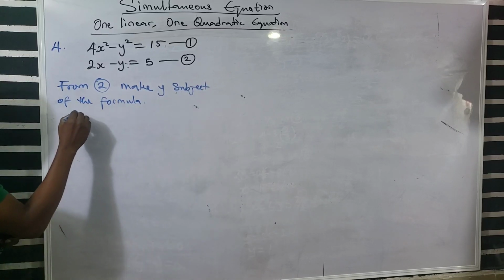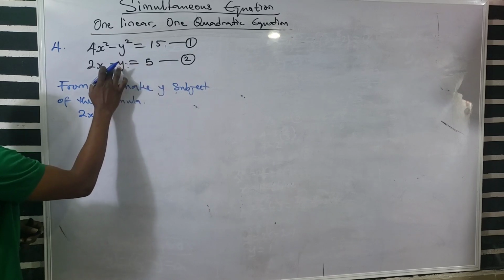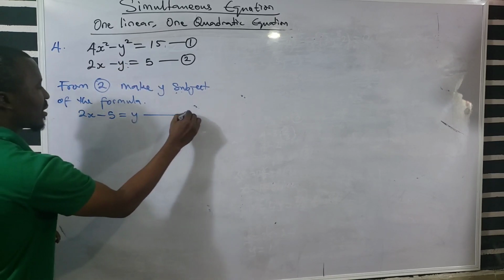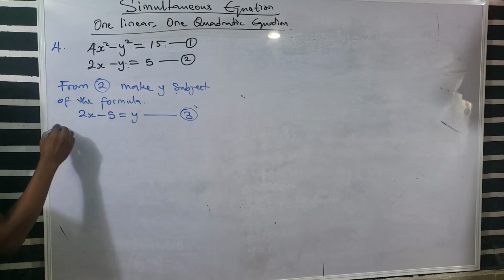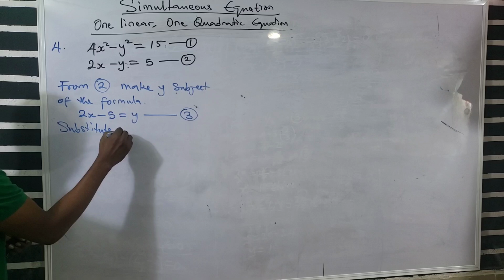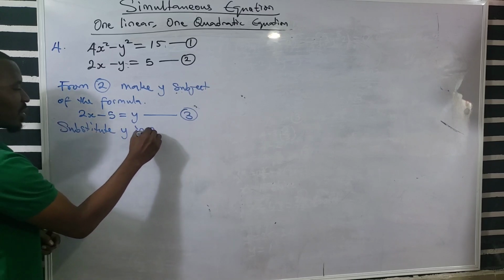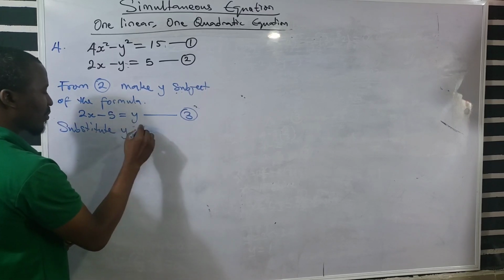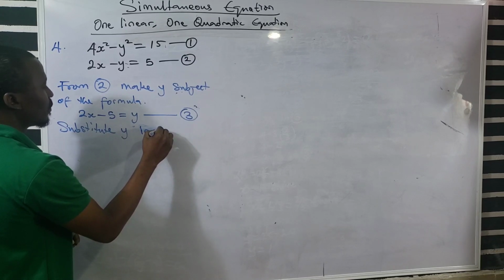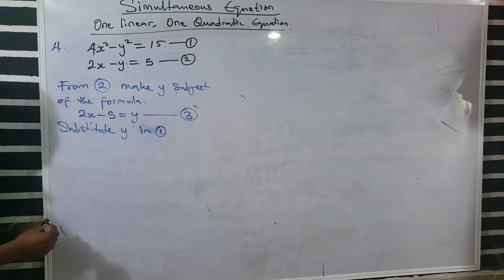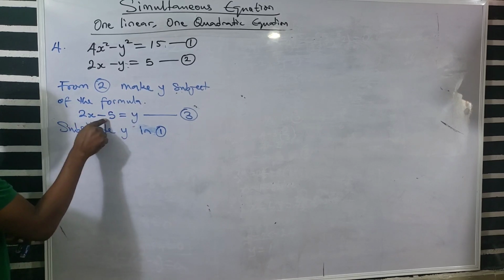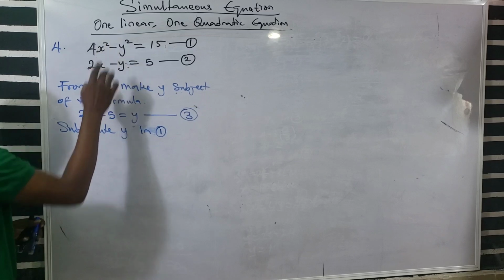So that will give us that 2x, I'm bringing this one here, minus 5 equals to y. That gives us equation 3. So we substitute y in equation 1. Okay, so what that means is that the equivalence of y, which is 2x minus 5, we are going to put it in equation 1.